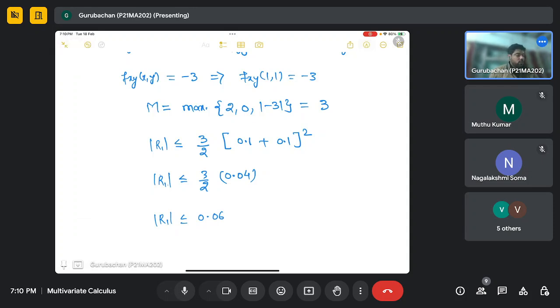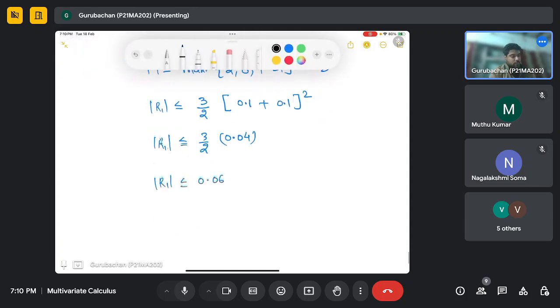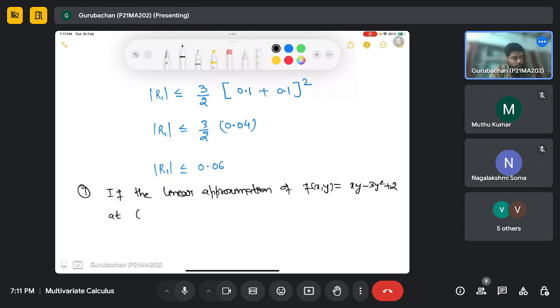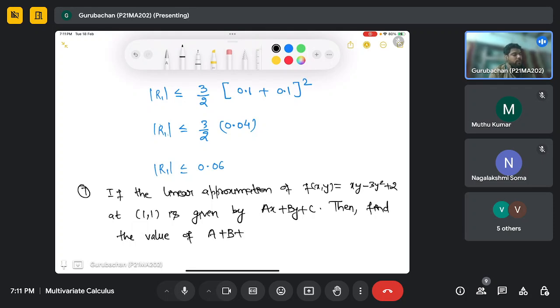So the next question is 7. If the linear approximation of f(x,y) is equal to xy minus 3y square plus 2 at the point (1,1) is given by ax plus by plus c, then find the value of a plus b plus c.